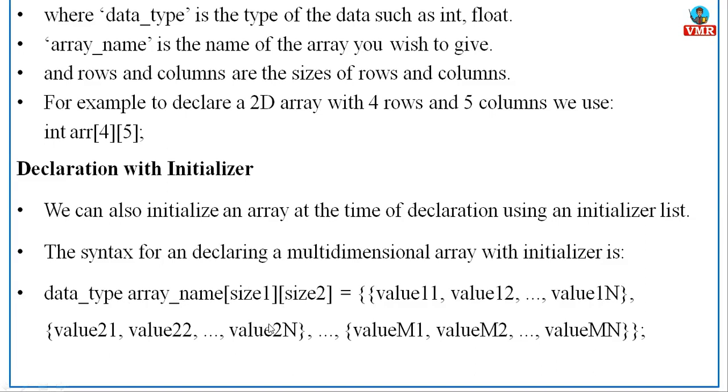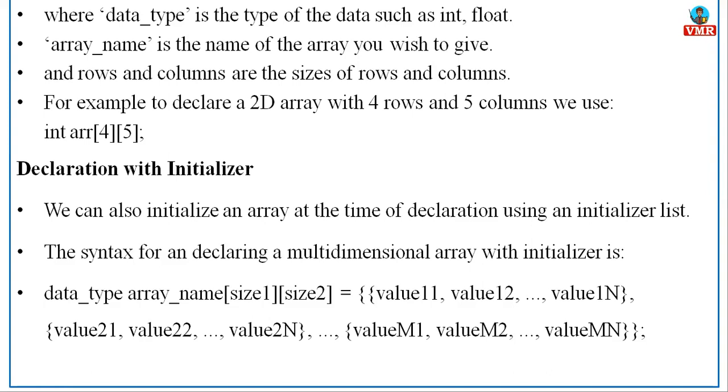If you take multi-dimensional, like x, y, z, rows, columns and z-axis values, you will include another square bracket with another size, and then you can use another value also. This is the difference between two-dimensional and multi-dimensional. You can take n number of values.